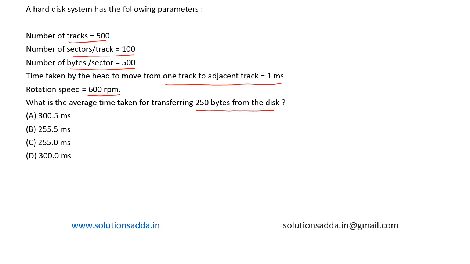So the formula for average time taken to transfer is equal to sum of average seek time plus average rotational delay plus data transfer time.